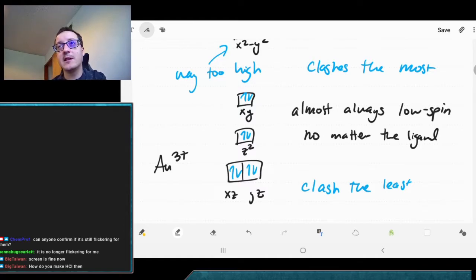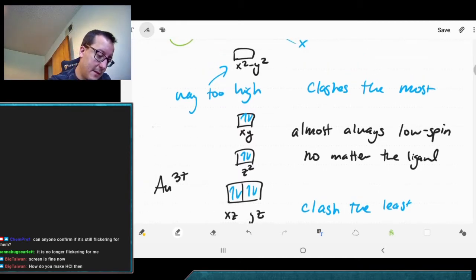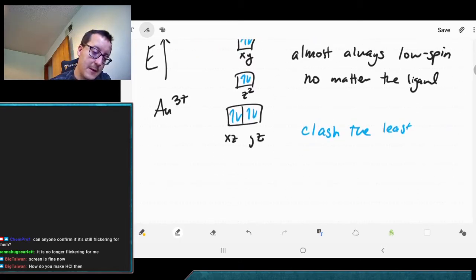All right, so these guys, we're just going to assume they'll always be low spin. So they're always going to fill in the orbitals like this. They're not going to touch the x squared minus y squared orbital. As always, this is energy going up, if we were to think of it as a graph.